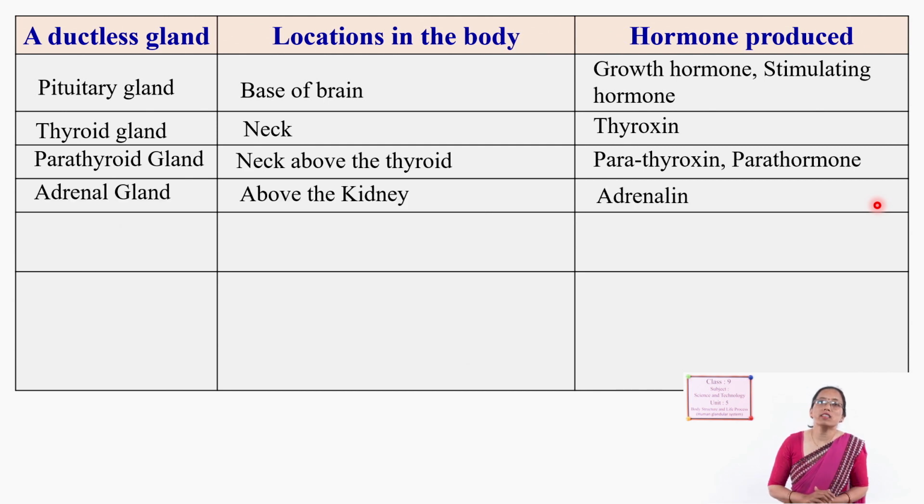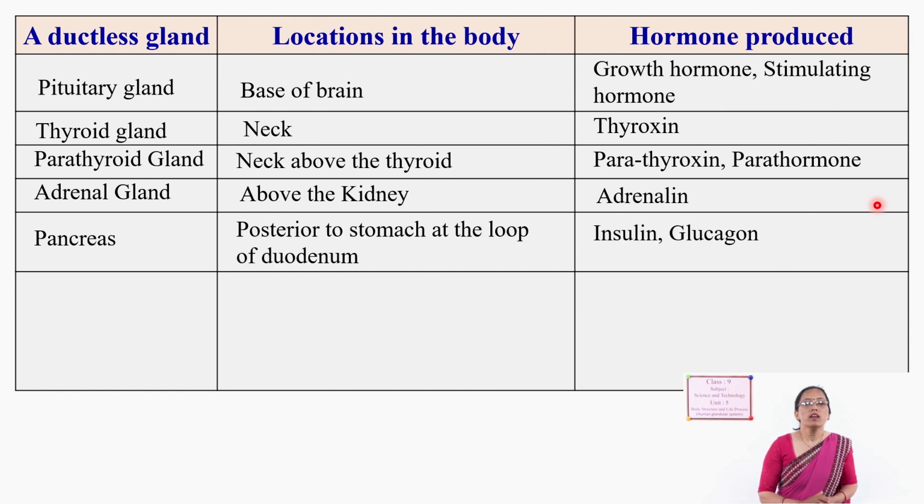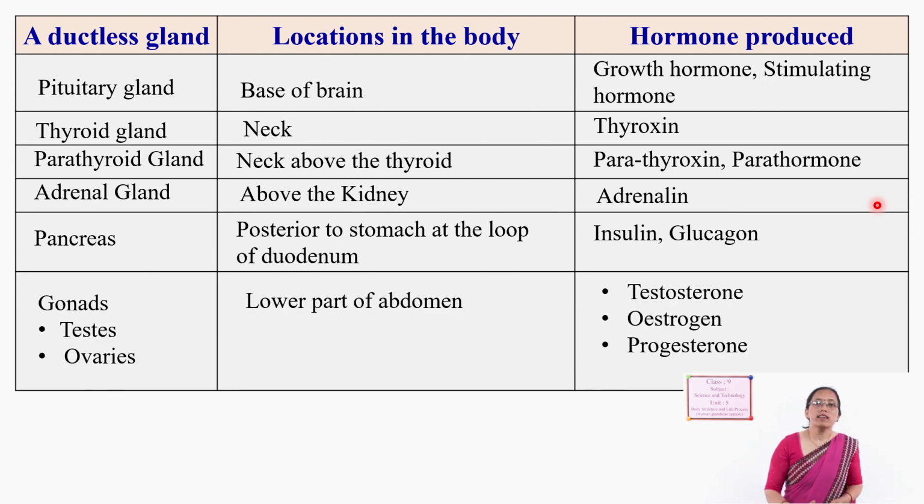Next one is the adrenal gland. It is located just above the kidney, at the top of the kidney, and it secretes adrenaline hormone. Next is the pancreas. It is present posterior to the stomach, at the loop of duodenum, and it produces insulin and glucagon hormones. There are two types of gonads, testes and ovaries.